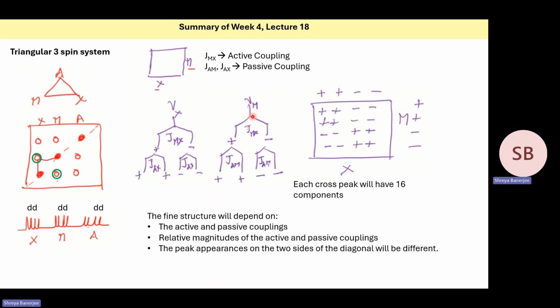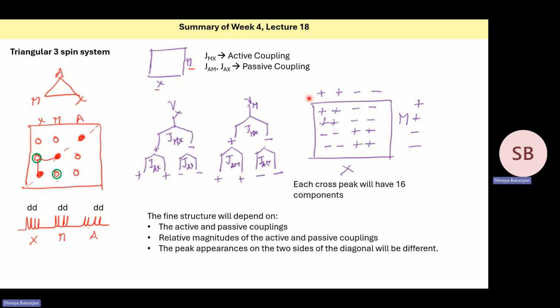Similarly, M is initially split by X, which is your active coupling, because we are looking at the MX peak. So there is plus minus, and then M will be split by A, which is your passive coupling. So the sign remains unchanged. Plus remains plus, minus remains minus. Now in the y-axis we are writing M. Fine structure of M is plus plus minus minus.